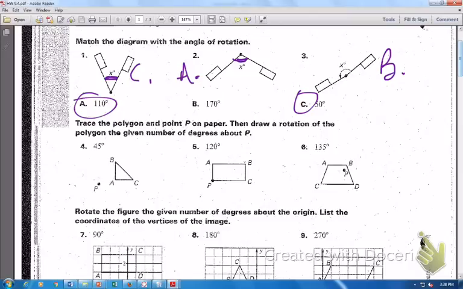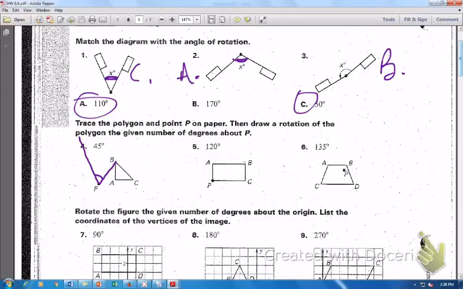All right, number 4. You had to actually do the rotation on paper, and so I will try to at least draw a little bit on how you would do this. For each vertex, you would draw a line to P, and then on that line, putting the arrow of the protractor at P, you would measure out 45 degrees, which might be like that, right?